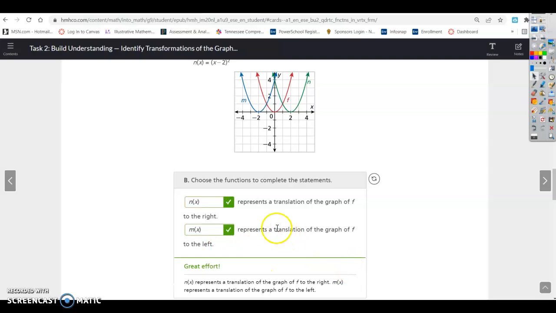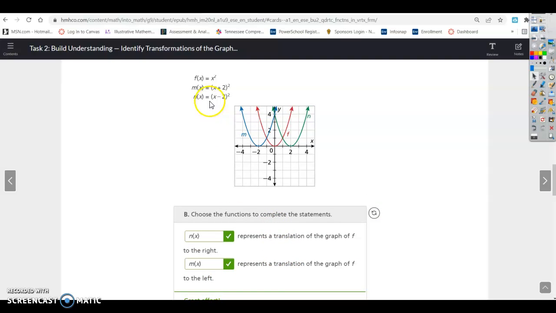And the way I remember the horizontal translations, it's always going to move opposite the way you think. Because remember, your negative x's go to the left and your positive x's go to the right. But when this says x plus 2, you actually move to the left. And when this says x minus 2, you move to the right.